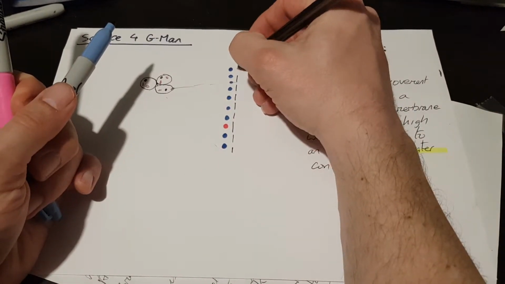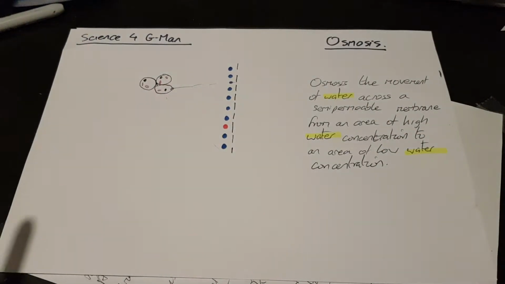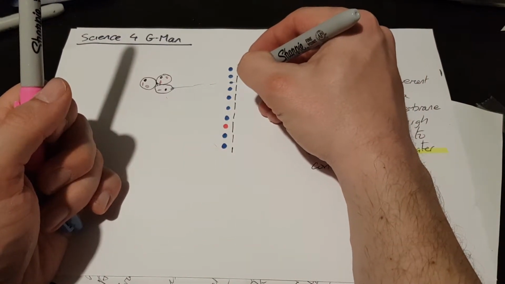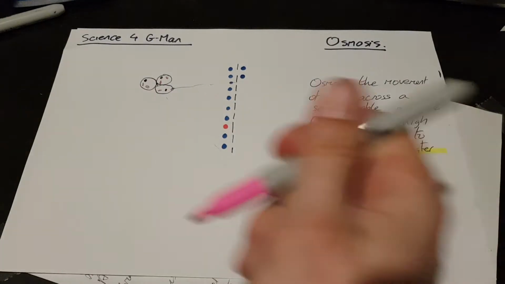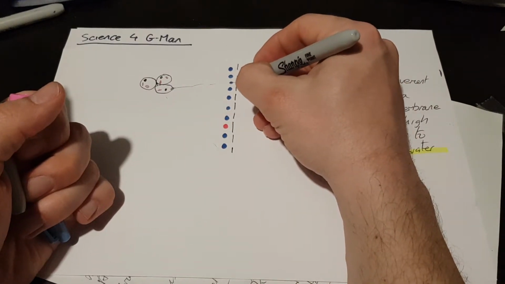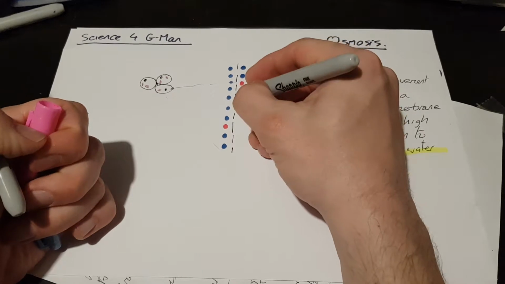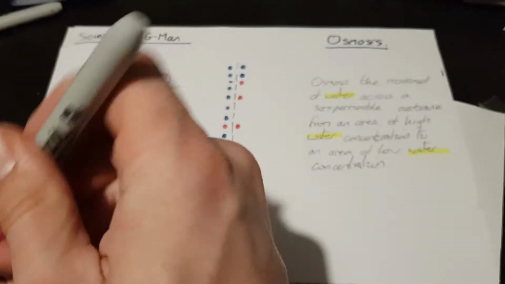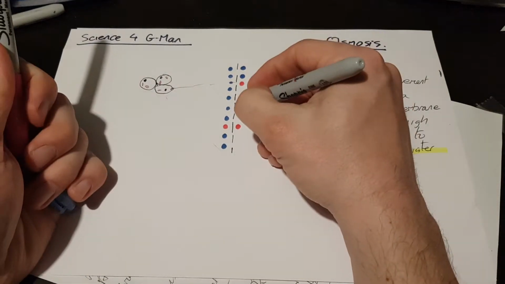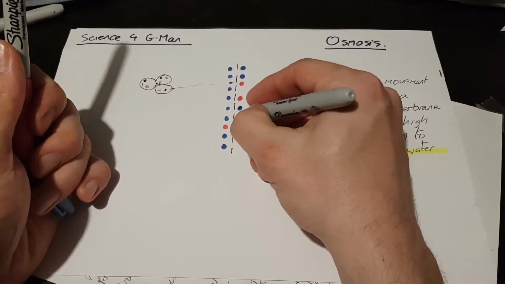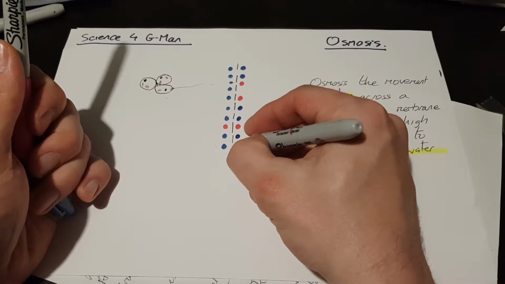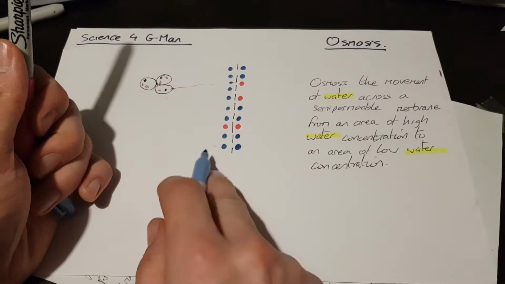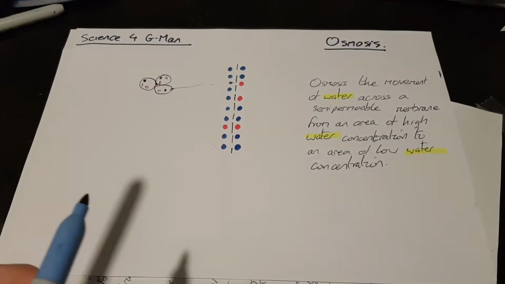Remember, it's as if we've just zoomed into this bit. And on the other side we have another 10 molecules. We can see on this side there's more water. That's a higher water concentration.